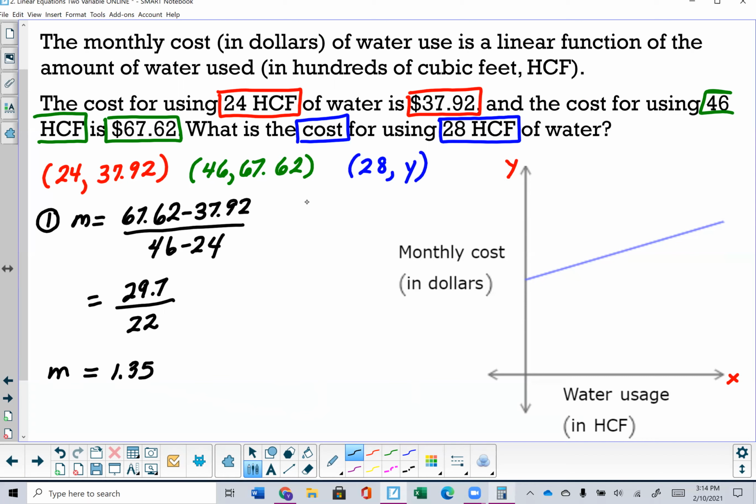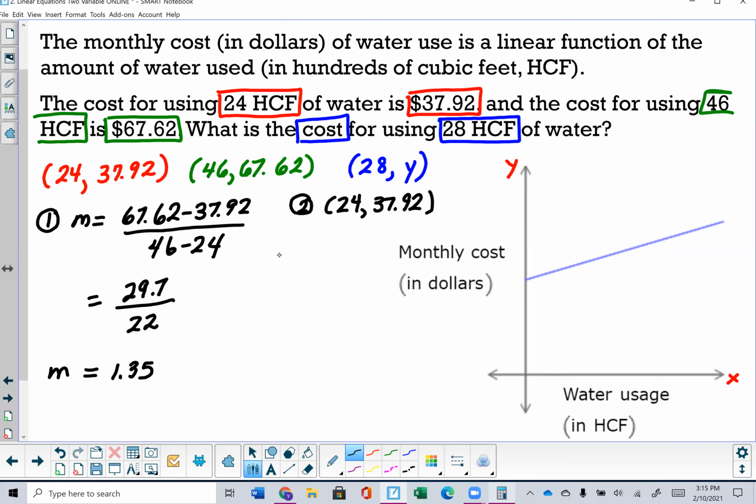Okay, y-intercept. So I'm going to use the point 24, comma 37.92, but you could have used 46, comma 67.62 as well.